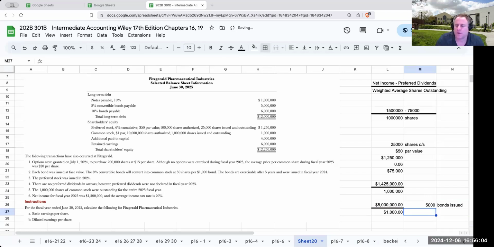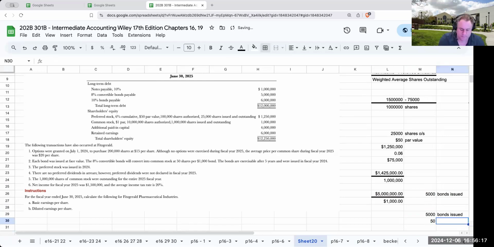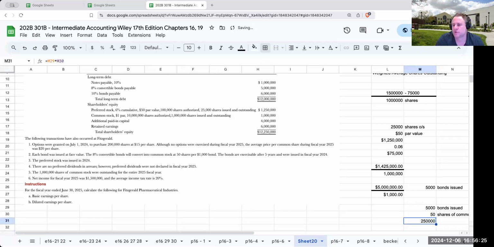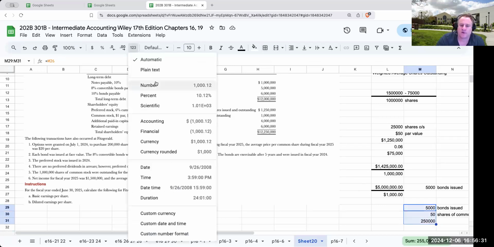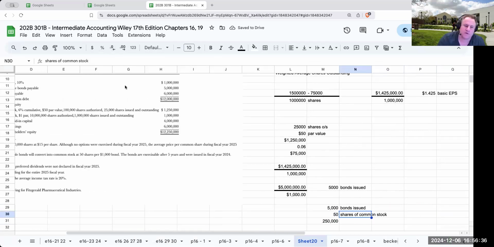Now, coming over here, we've got 5,000 bonds issued, and it tells us that they will each turn into common stock of 50 shares. So we're going to be effectively issuing 250,000 shares of common stock. We've got 5,000 bonds converting 50 shares of common stock per bond, and that is the total shares issued.